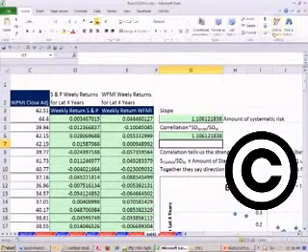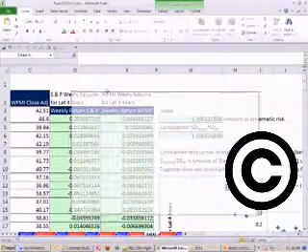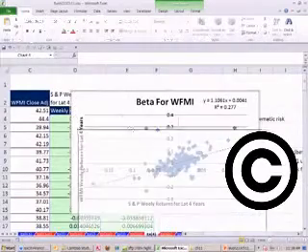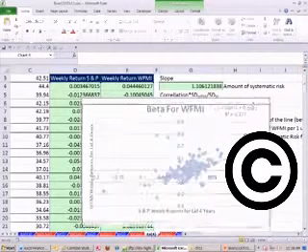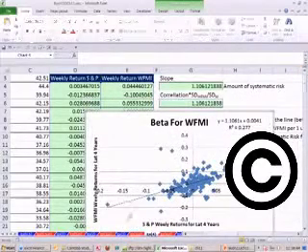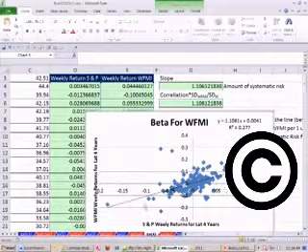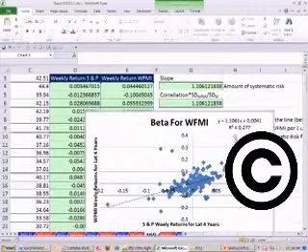Get the same answer both ways. Both of these are methods of calculating the amount of systematic risk, or our beta, for a particular stock. And we also have our chart, which shows us visually where all the data points lie, and we can also add our trend line and show our equation. All right, we'll see you next video.